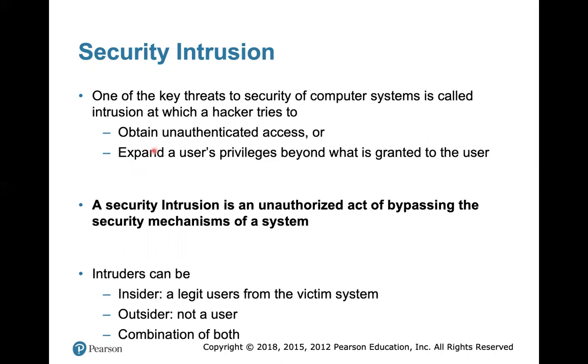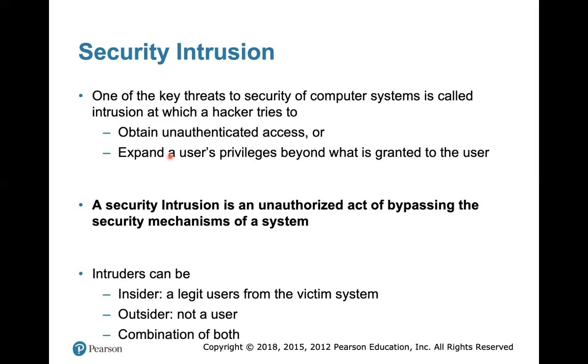Or the hacker or intruder tries to expand the privileges already granted to them. For example, the system has authenticated a user, and the user is allowed to use some of the files, or some of the APIs or system calls of our computer, but some others are not allowed to that user, because of the level of access defined for that user.